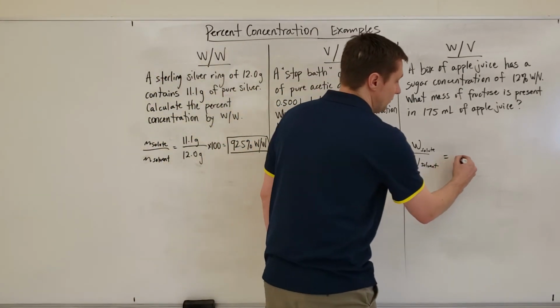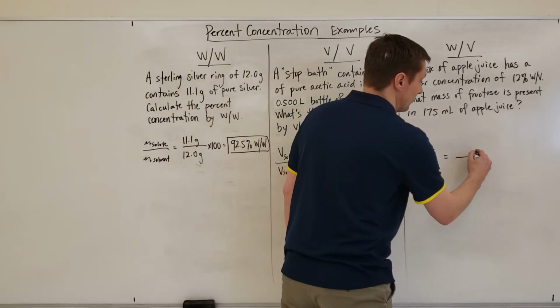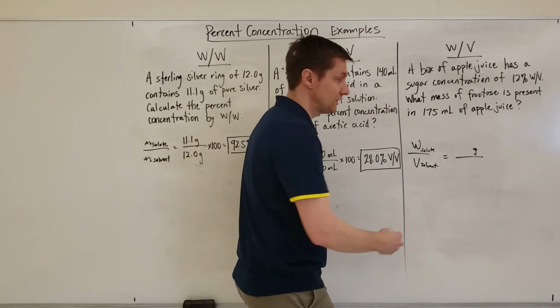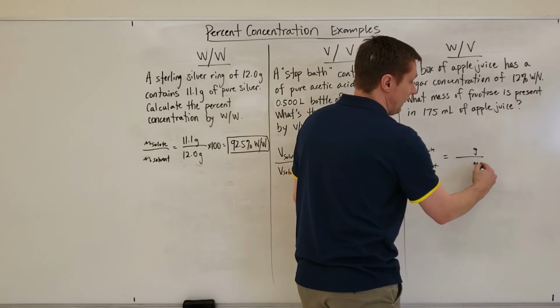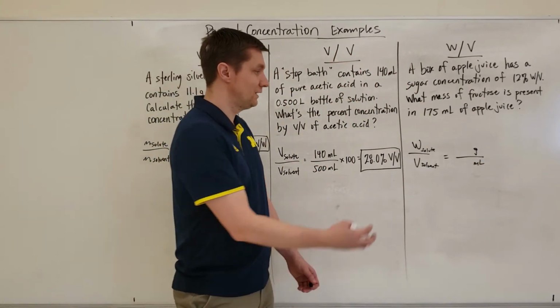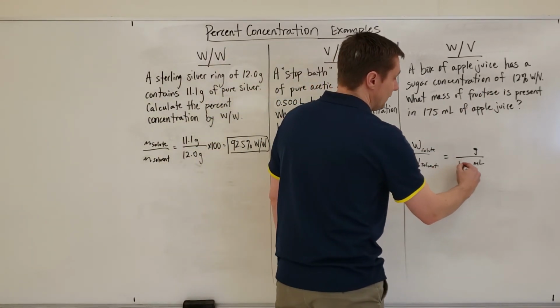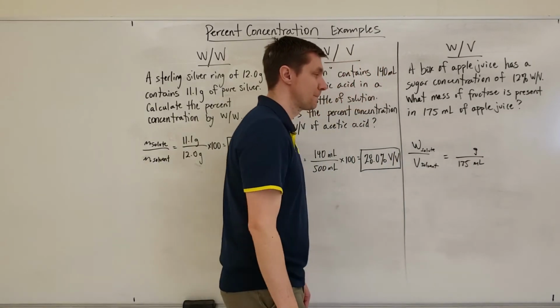The units on the top for the solute must be in grams, and whatever the number on the bottom is, it has to be in milliliters. It gives me the volume of the solvent, which is the apple juice, and it says it's 175.